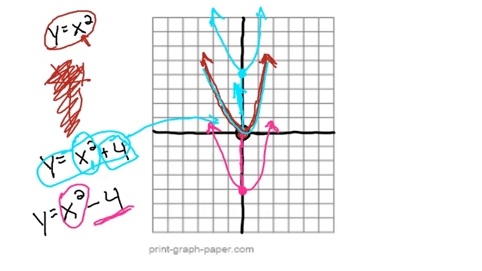We didn't change the happy face or the smiley face. We didn't make it do different shapes or move out or get fatter or skinnier or anything. We just shifted the whole thing down 4 boxes. And that is y equals x squared minus 4.